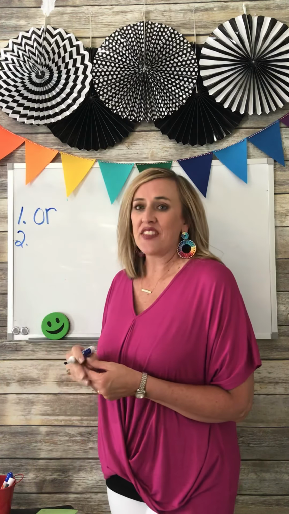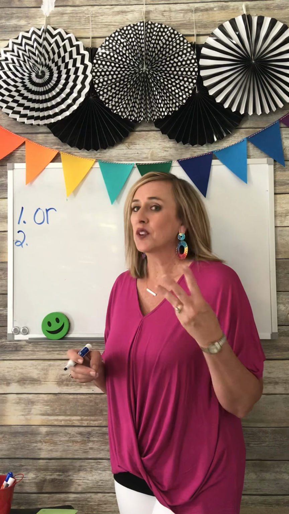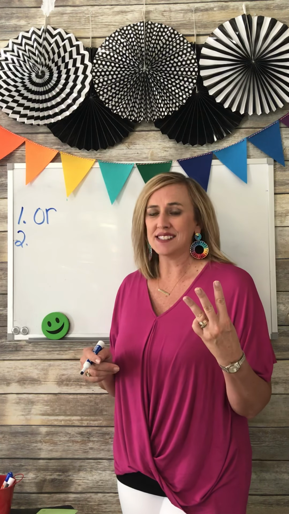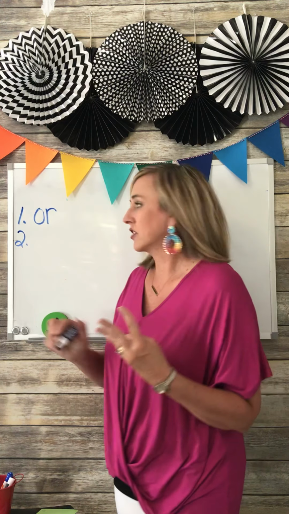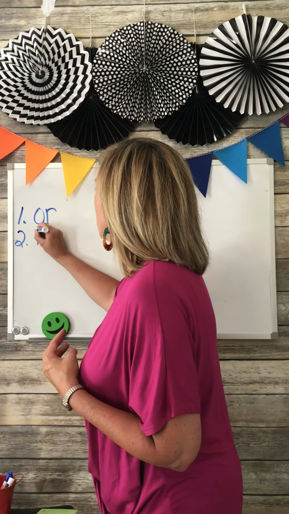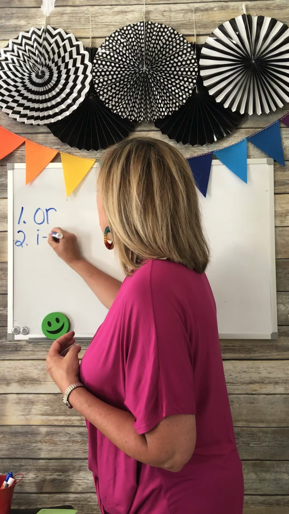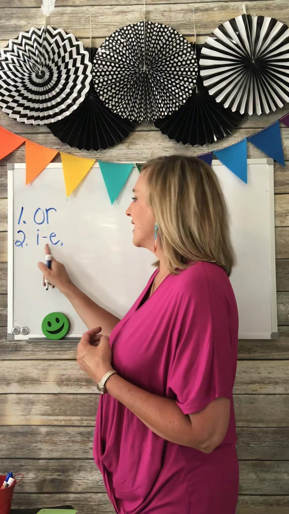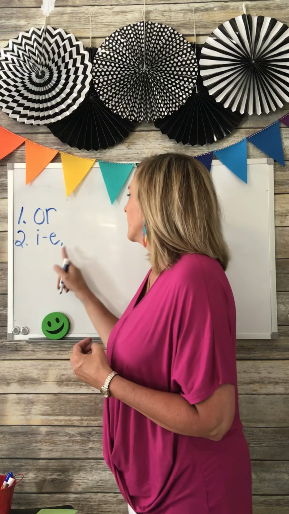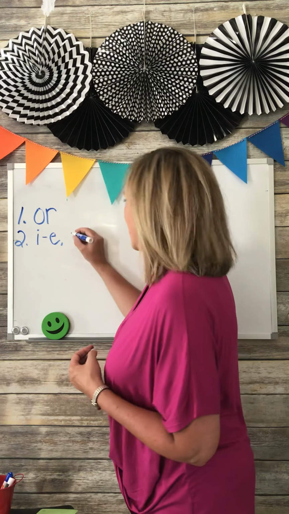The second sound that I gave you was this long I sound, I. And we've learned 3 different ways to make that long I sound. The first way we learn is I, consonant E. That's our vowel consonant E syllable. The next way we learn is IGH.